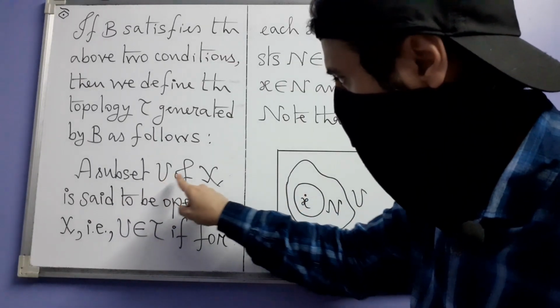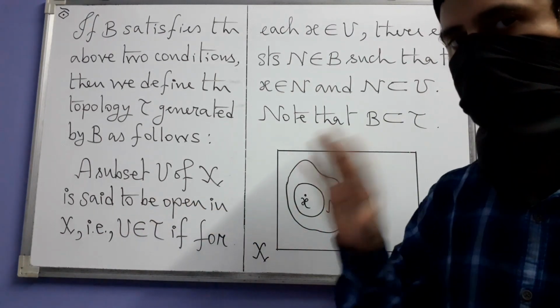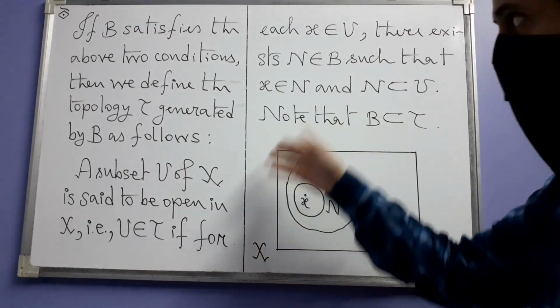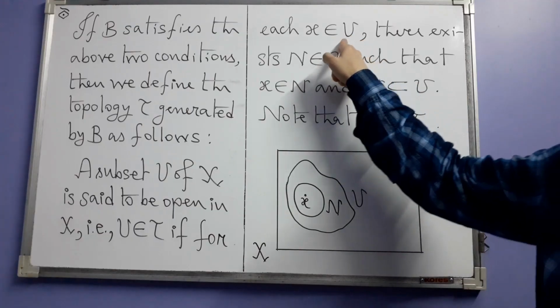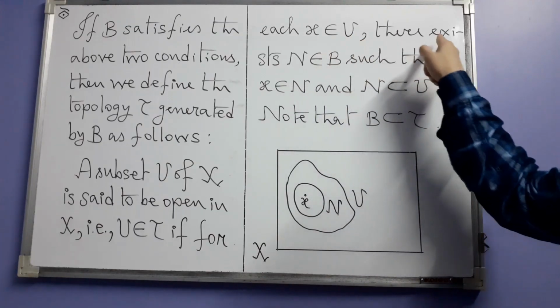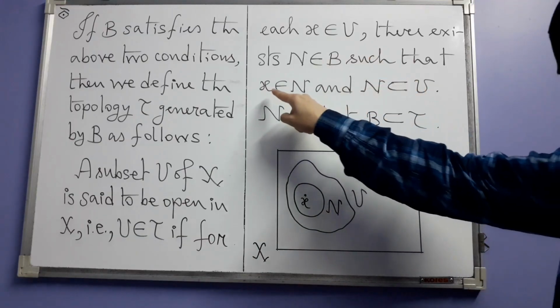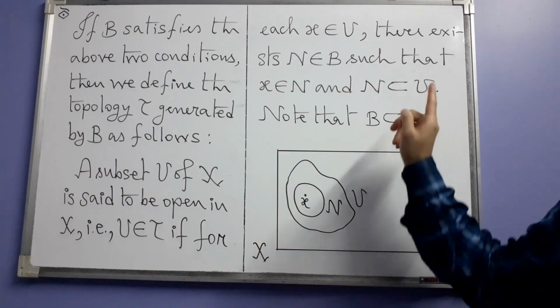A subset U of X is said to be open in this topology, that means U is an element in tau, if this condition is true. For each point x in U, there exists a basis element N such that x is in N and N is itself a subset of U.